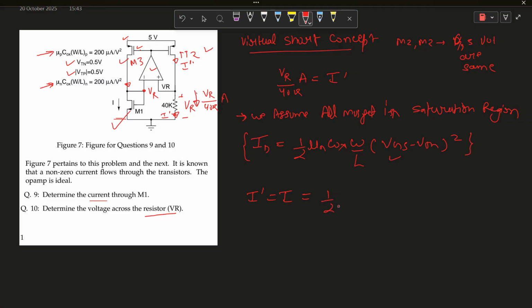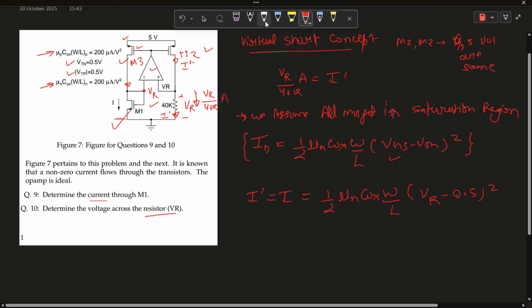We will write this as half mu n Cox W over L into VGS minus VTH whole square. Here VGS is the gate voltage, which is VR, and VTH is 0.5 volt, whole square.